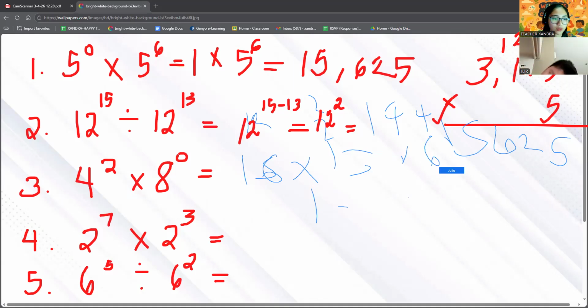Okay. Number 4. This is times. So remember when you multiply with the same base number, you are going to add the exponents.